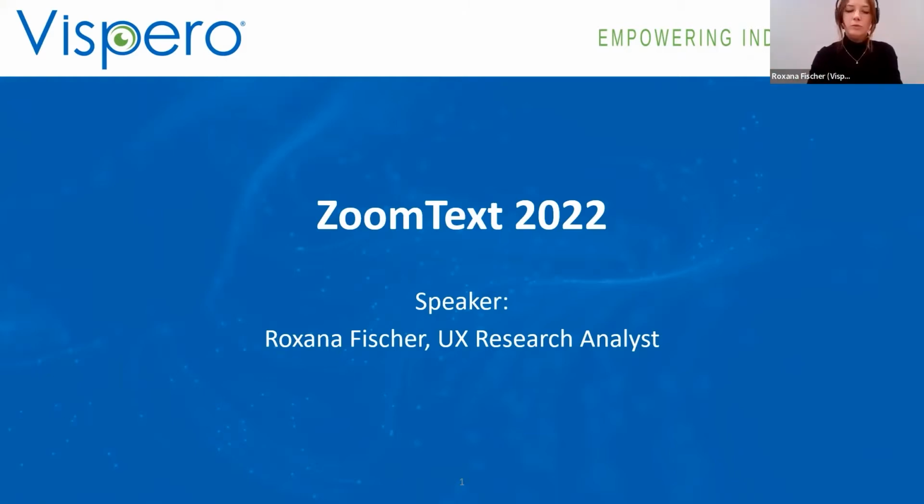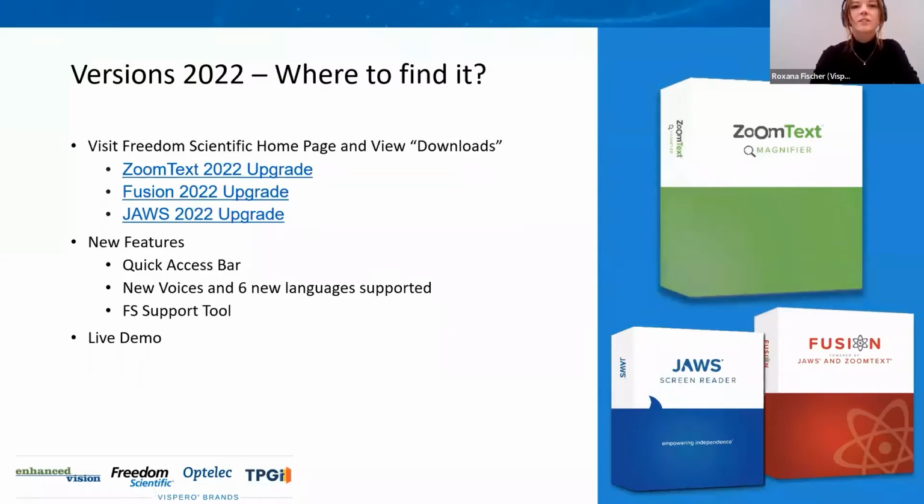All right. For questions, we have time in the end, and I prepared a presentation with some slides, but I will also describe the context that is on there. First of all, we have our three products, and ZoomText is one of them. We have ZoomText, Fusion, and JAWS.